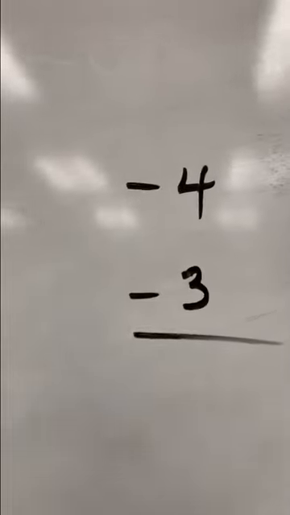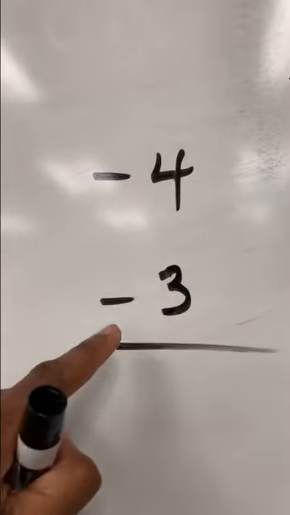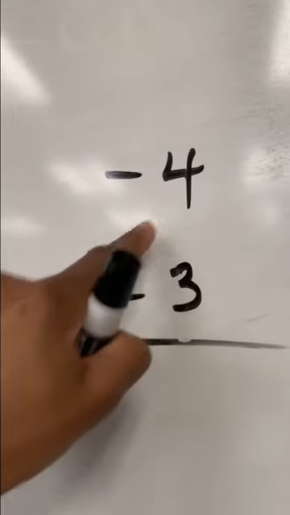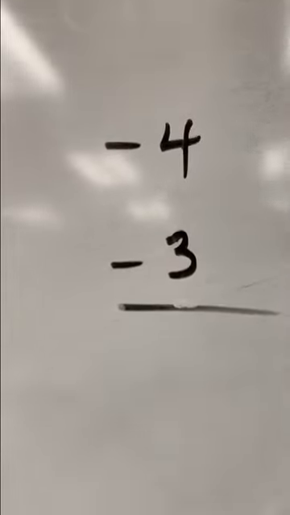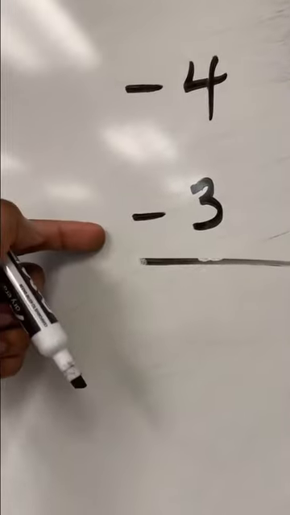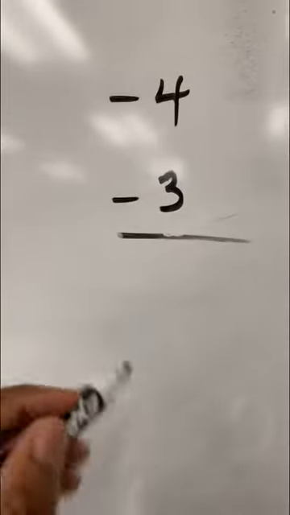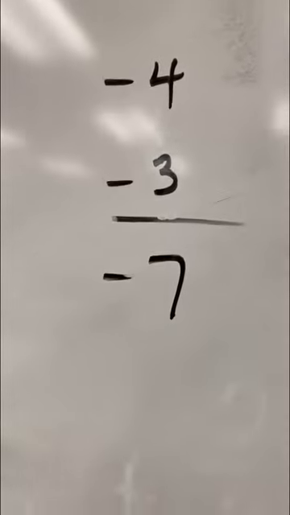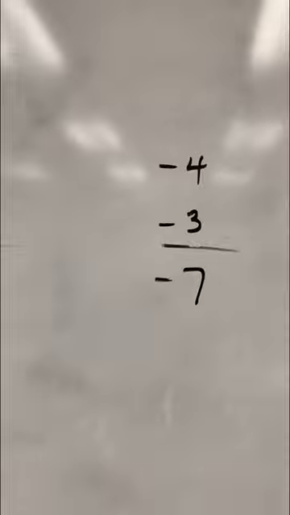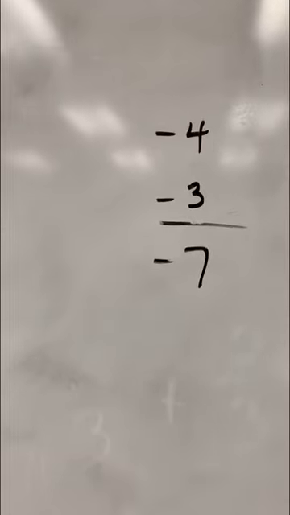Now right here I have a negative 4 and a negative 3. So a negative 4 minus a 3, right? So let's see. These signs are the same, so that means I can add, all right? So that should give me a negative 7. Notice how I didn't put a 1 down there or anything like that.